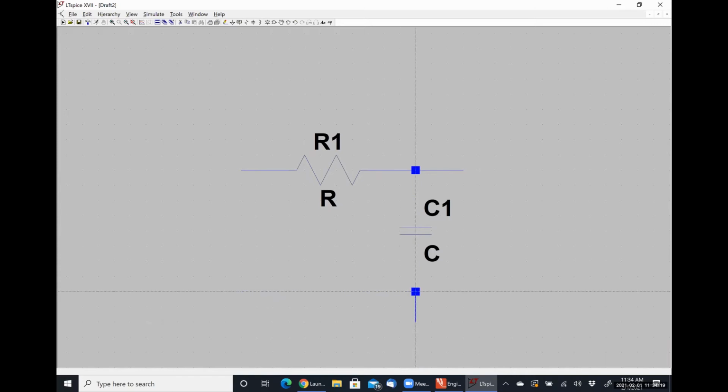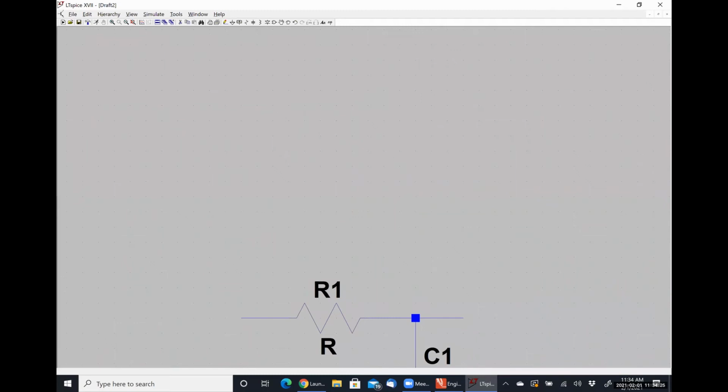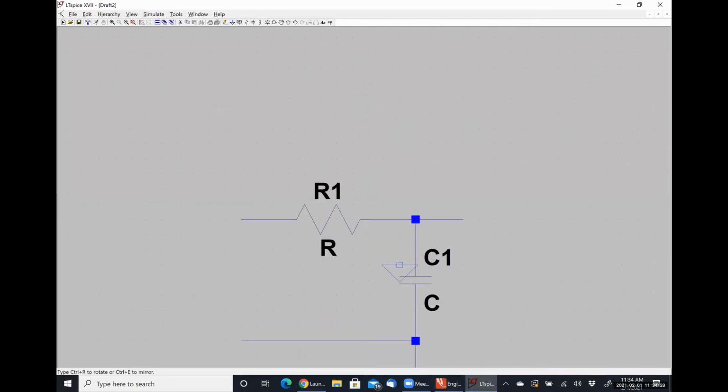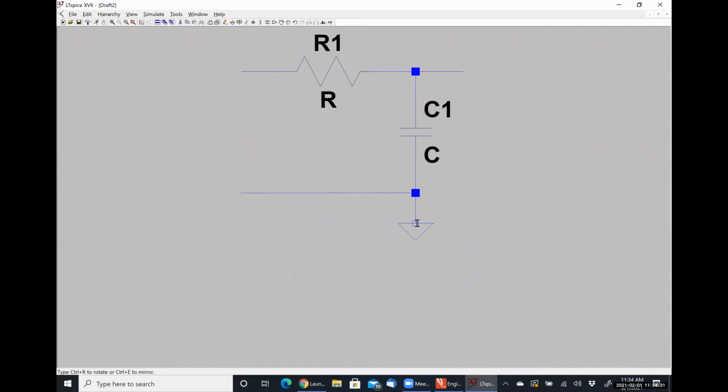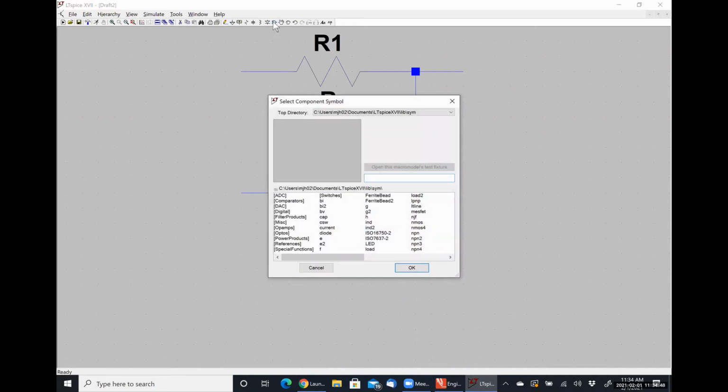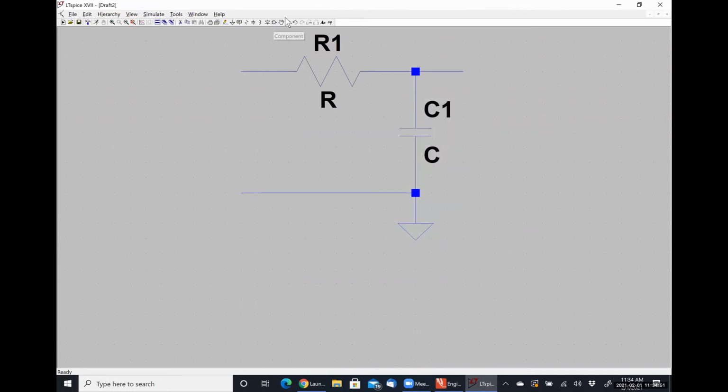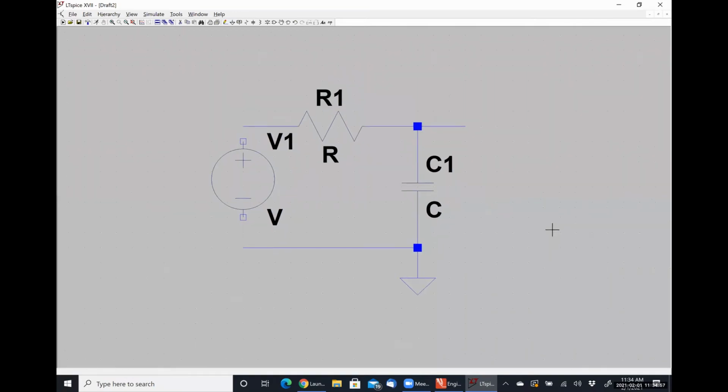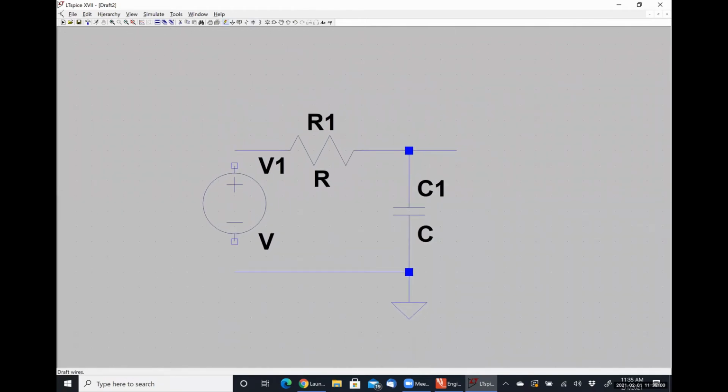That's where my ground is going to go. And I need a voltage source. Wire.